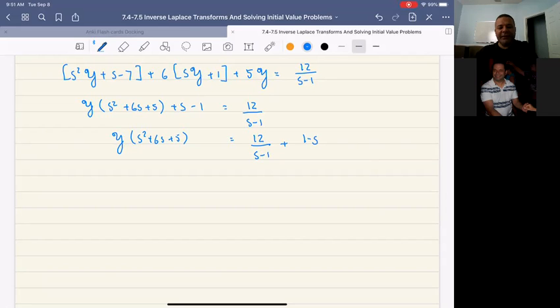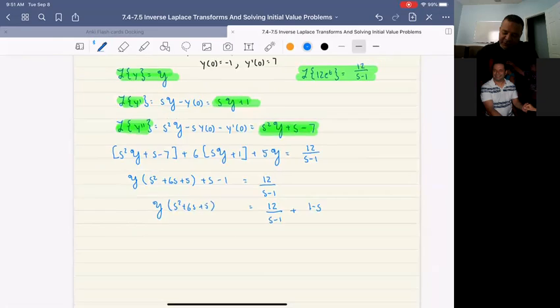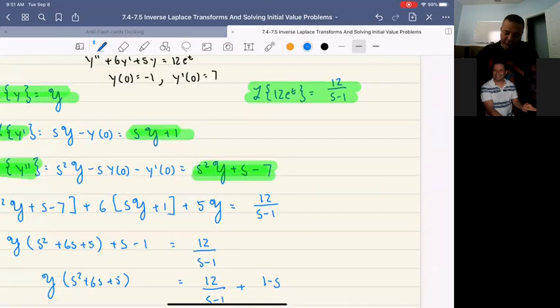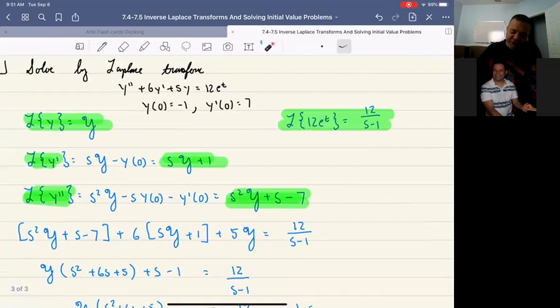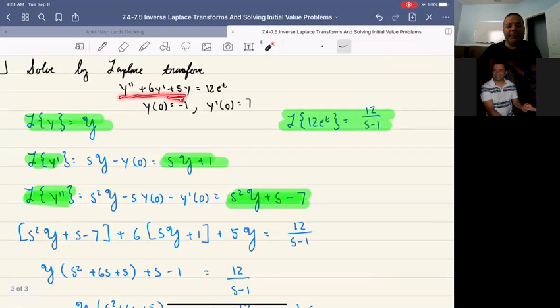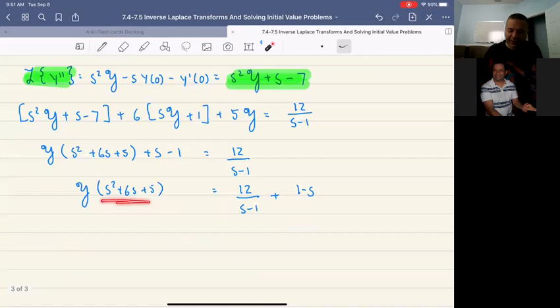Okay. Now, one thing I want to notice before we move forward. The original equation was y double prime plus 6y prime plus 5y. And we have the characteristic polynomial for that on this side, which is what we're expecting, right? We expect to have that come up.